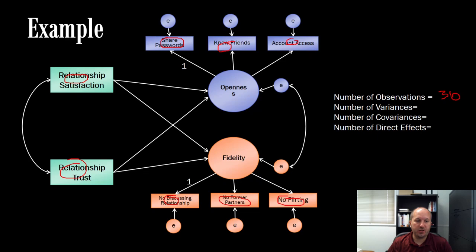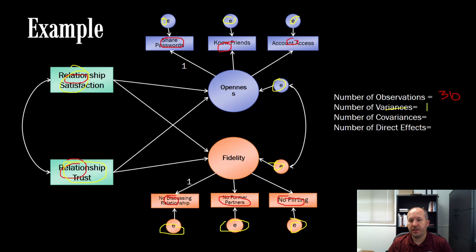And then what we need to do is figure out how many variances we have. So our variances, again, are going to be our exogenous variables, 1, 2, and then each of our disturbances, 3, 4, 5, 6, 7, 8, and then each of our latent variables has a disturbance with it too, 9, 10.